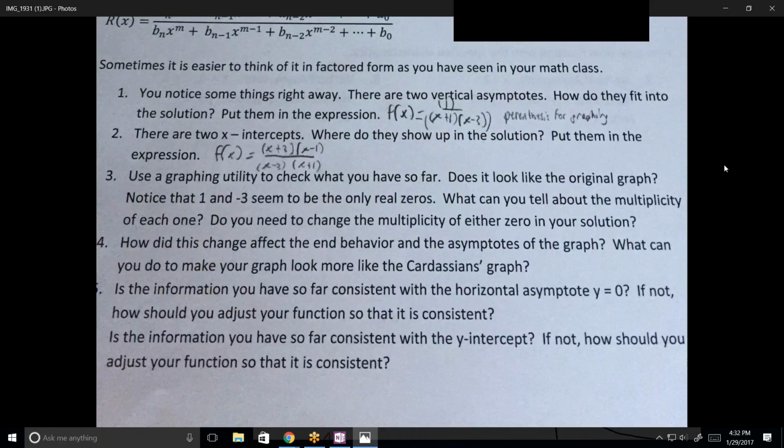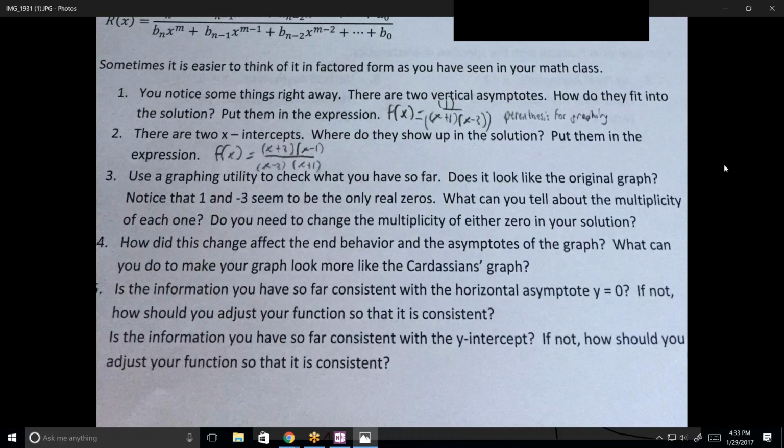Okay, I'm just reading 3. We got everything in 3 covered. Yep. And then 4, how did this change in multiplicity affect the end behavior and the asymptotes? What can you do to make your graph look more like the graph in this picture? Is the information you have so far consistent with the horizontal asymptote?